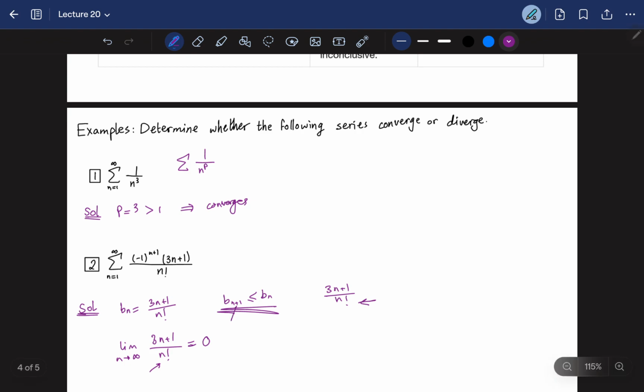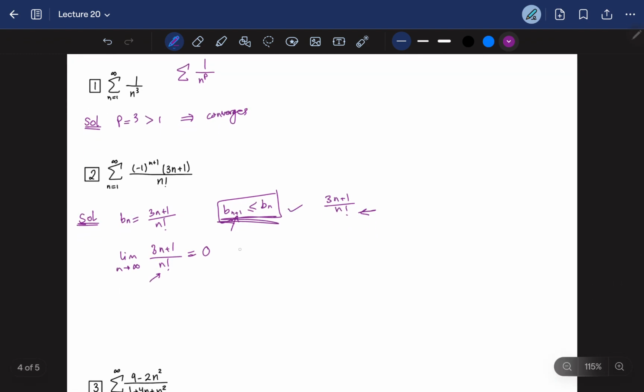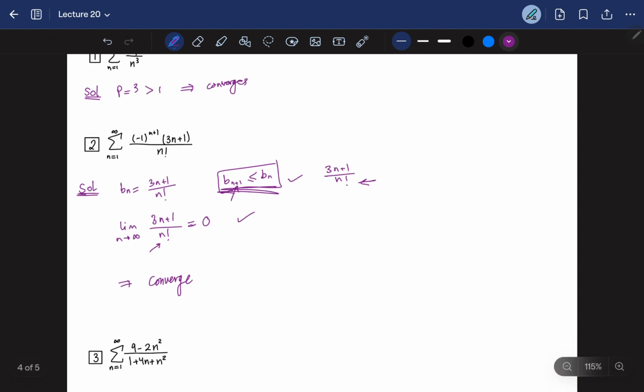So if you add a 1 to your n, it means it's getting even smaller in a faster way. So that's why this inequality holds and your sequence decreases. So since these two conditions are met, then by the alternating series test, your series converges. So that's it.